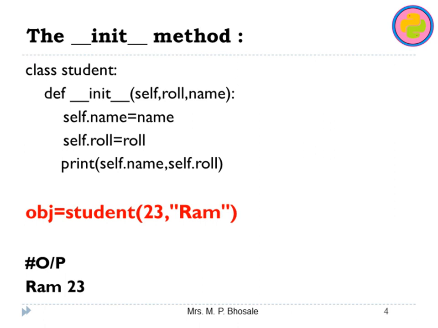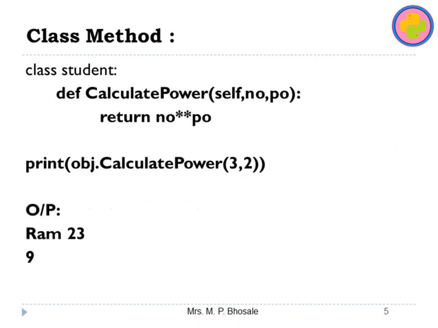So now we will move to the next topic, that is how to write class method. So to write the class method, of course we have to use the def keyword, and we will write the name of the method, in bracket we have to use first self parameter and then remaining parameters. So here is an example.